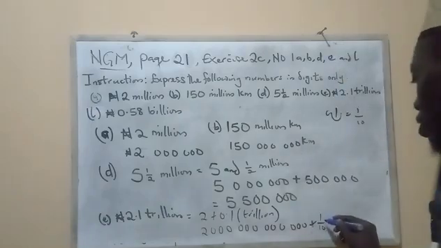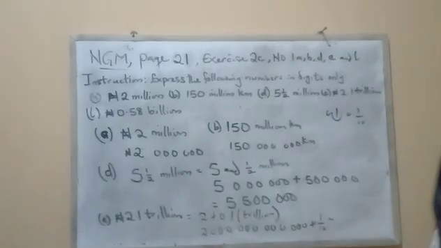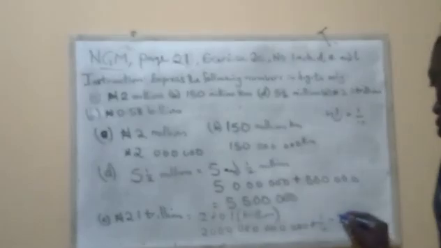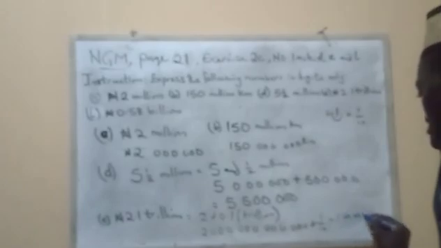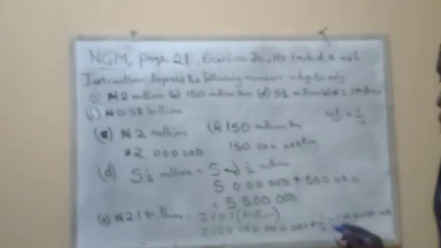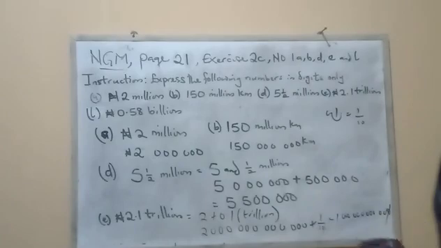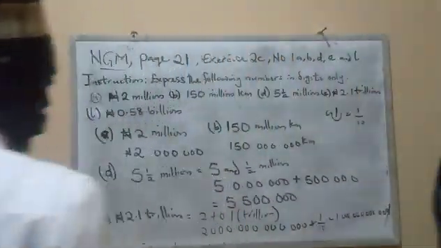So 1 over 10 multiplied by trillion, meaning 1 trillion over 10. The 0 will take care of 1 zero here. So this becomes 100 billion. So adding 100 billion with 2 trillion will then give us what we have.